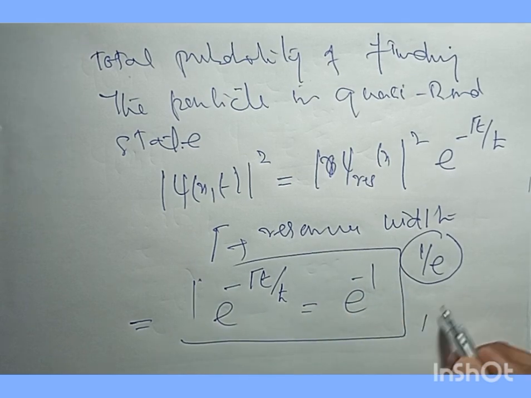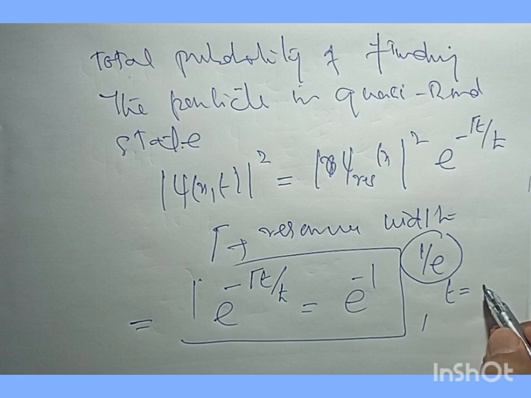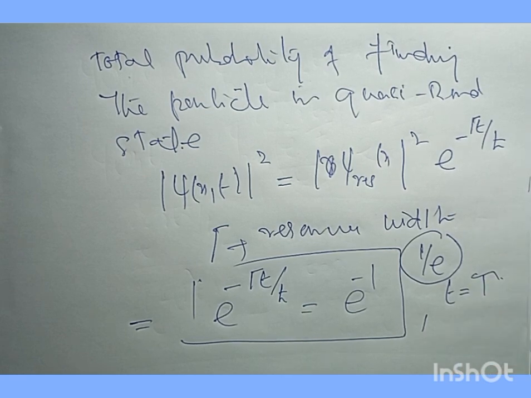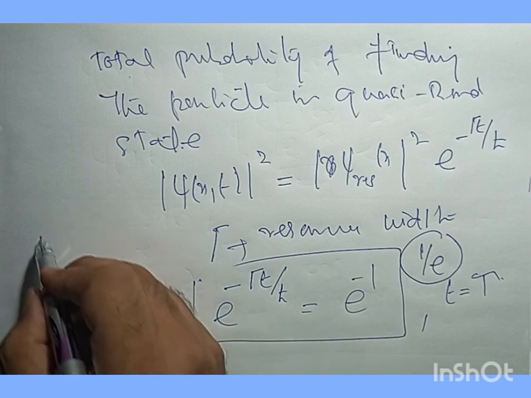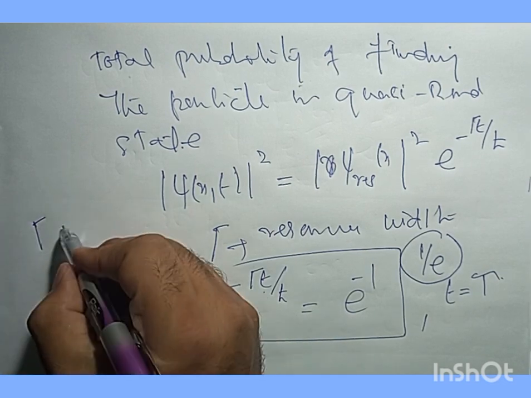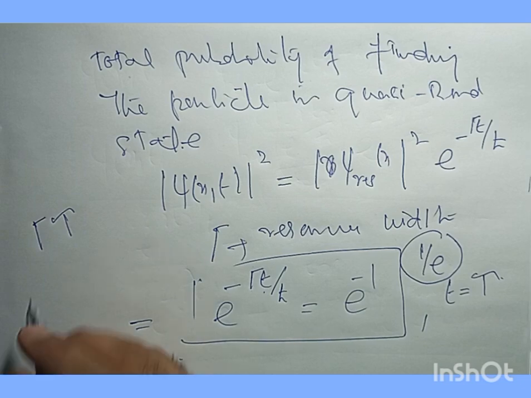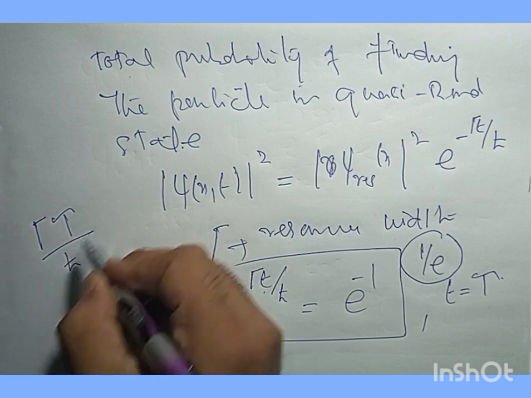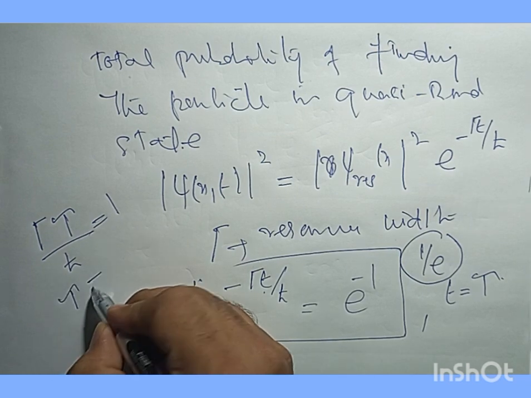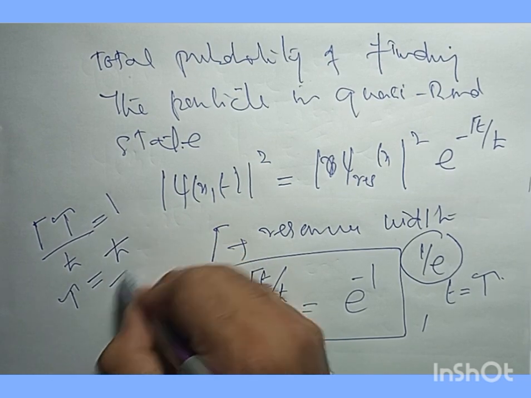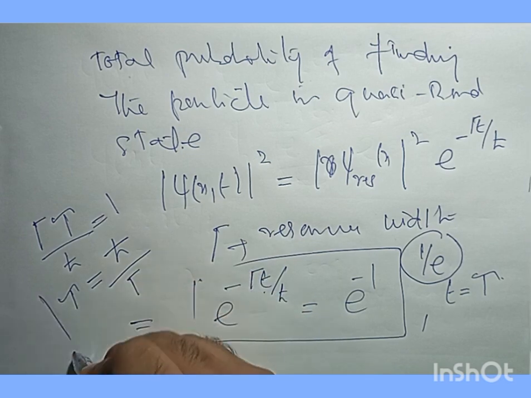So when I take t equal to some tau, which I have to define now, we can see from here that the resonance width times tau by h bar is equal to 1. So we have tau equal to h bar by resonance width.